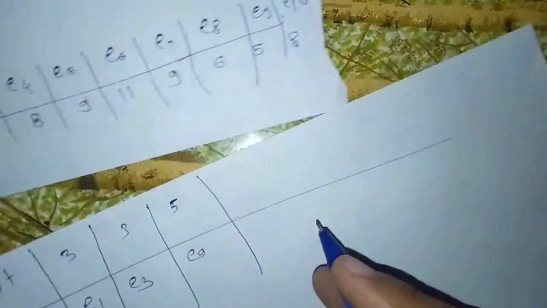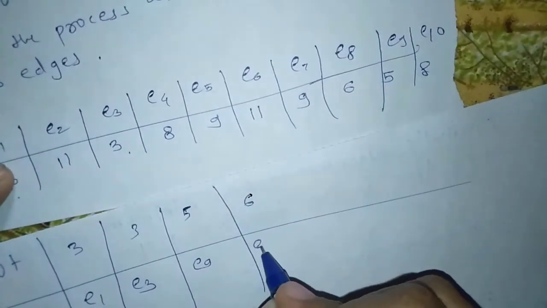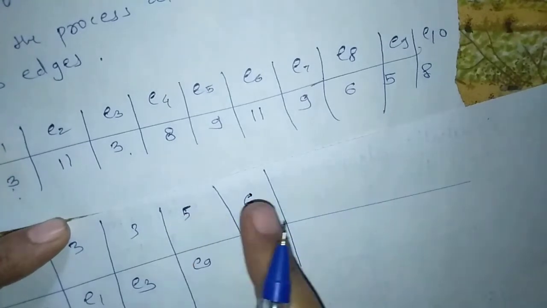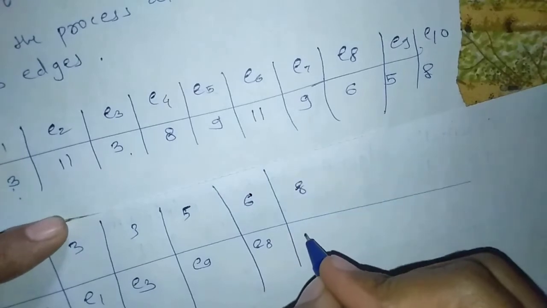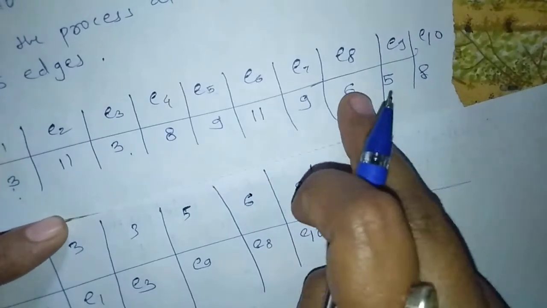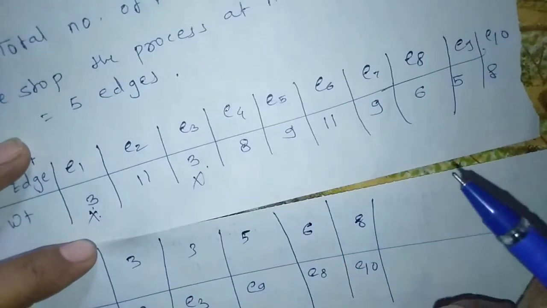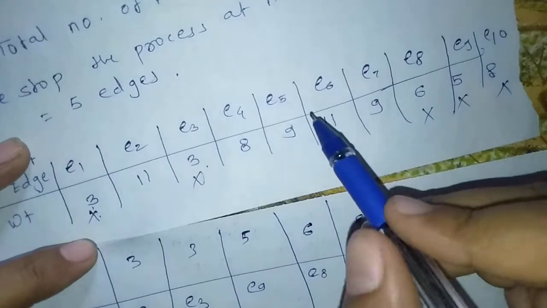Next 6 which is nothing but the E8. Next 8, nothing but the E10. Next here 3, 3 complete. Next 5 is complete, 6 is complete, 8 is complete.